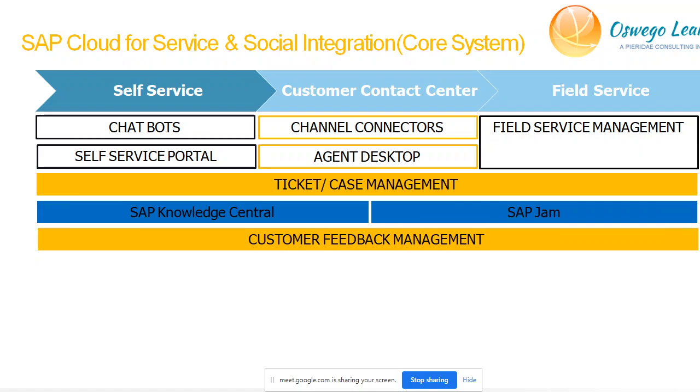It is powered by the chatbots and the self-service portal. Then you have the customer contact center, channel connectors and agent desktops. They can speak with the agents, and they can get any queries answered or any kind of mails from the agents. So that is called the low touch concept in the service module.